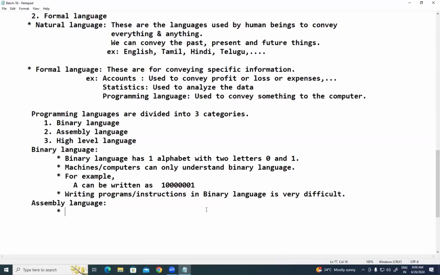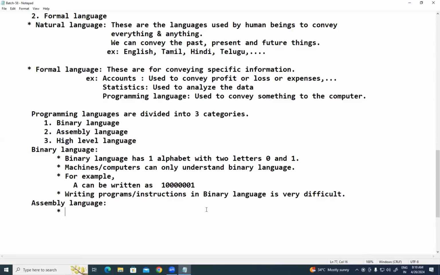But in assembly language, you can use some kind of words, not zeros and ones. We can write the instructions with the help of some words. Tell me now, is writing programs easy in binary language or in assembly language? In assembly language.